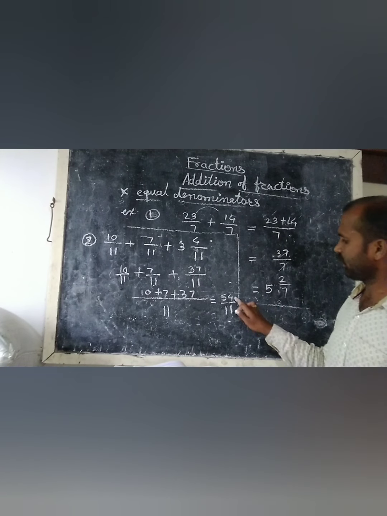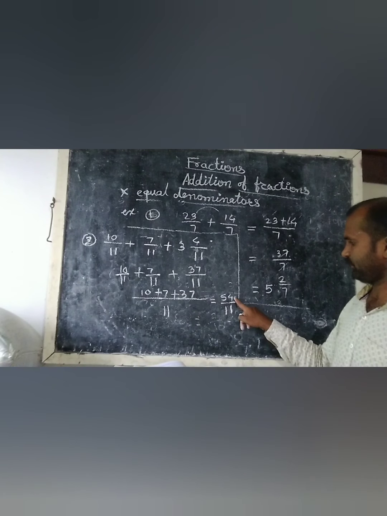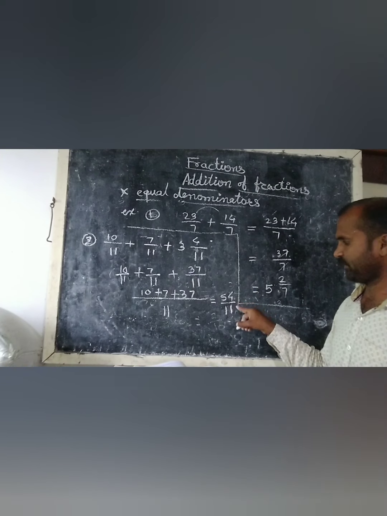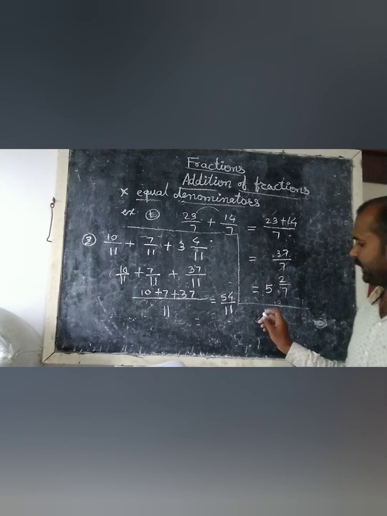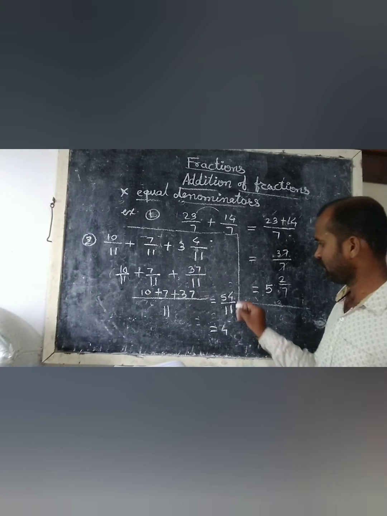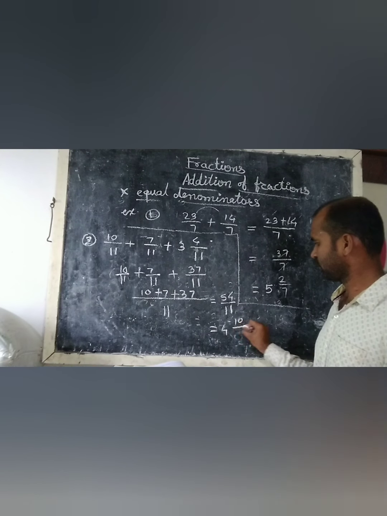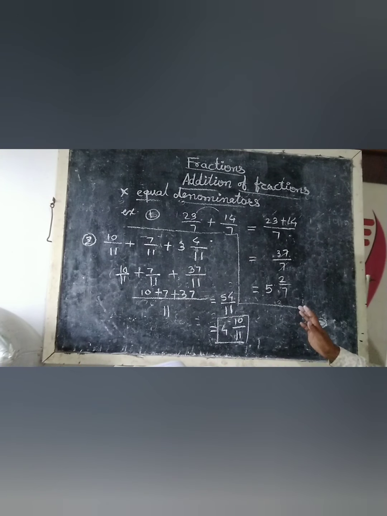Here also the simplest form is not possible because 54 is not divisible completely by 11. So convert it into a mixed fraction. 11 fours are 44, remainder is 10. So 10 is the numerator upon 11. 4 integer 10 upon 11 is the answer.